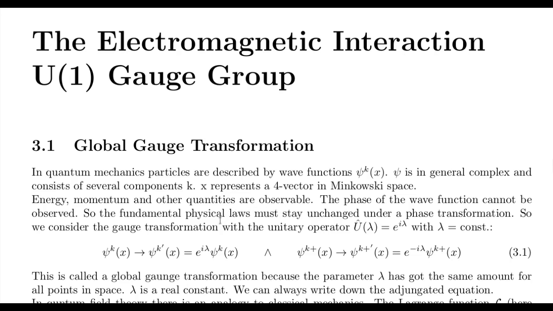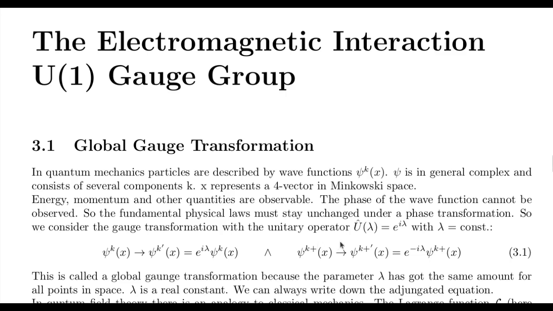Physical laws must stay unchanged under a phase transformation, because a phase transformation changes the phase, but the phase is not measurable. So, under a gauge transformation by a unitary operator, the Lagrange density function must stay unchanged.